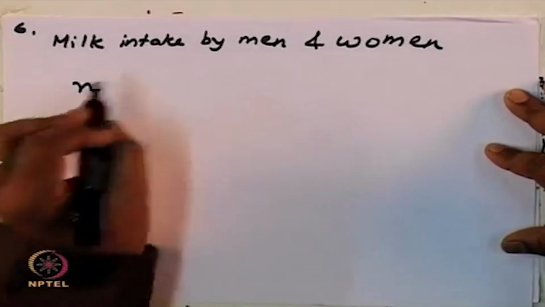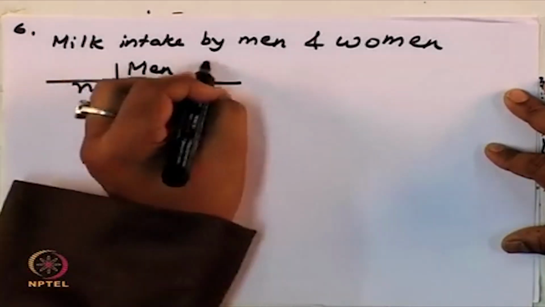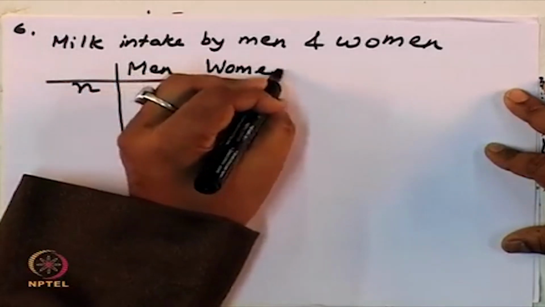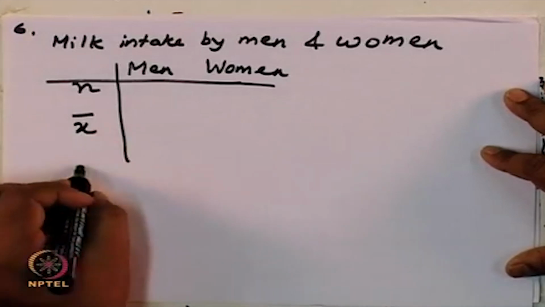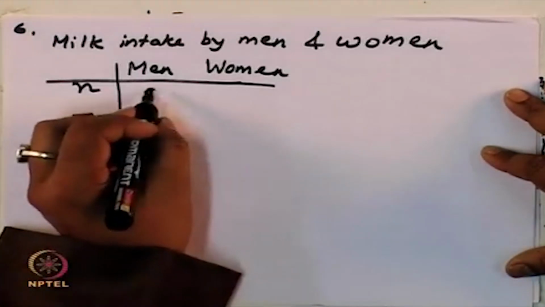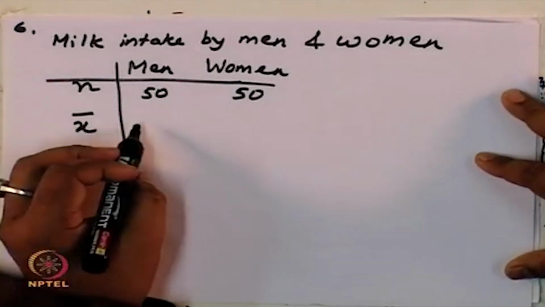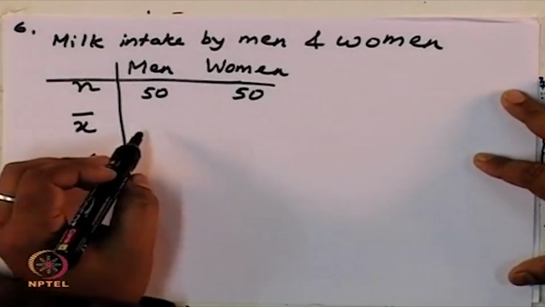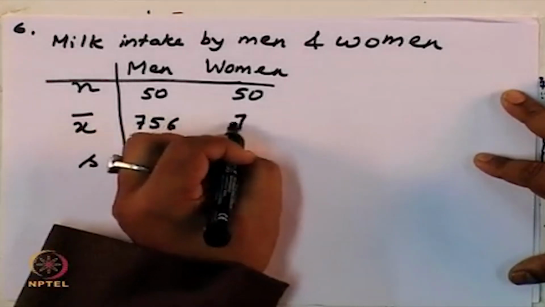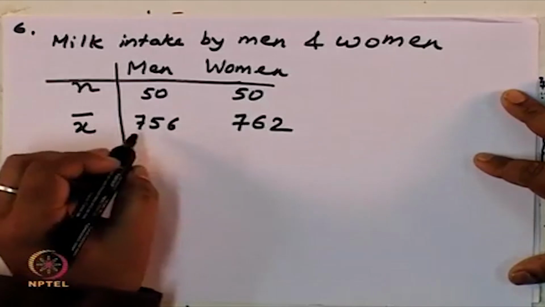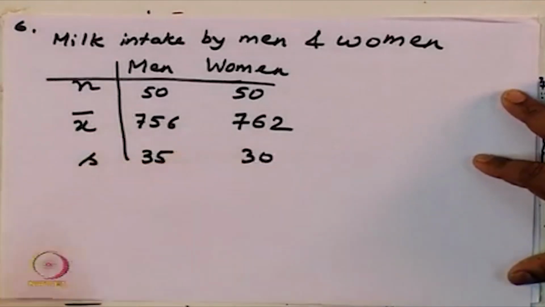Let us say you chose 50 men and 50 women and computed their average consumption of milk in a given week, and this is the average consumption and the standard deviations are 35 and 30 respectively.